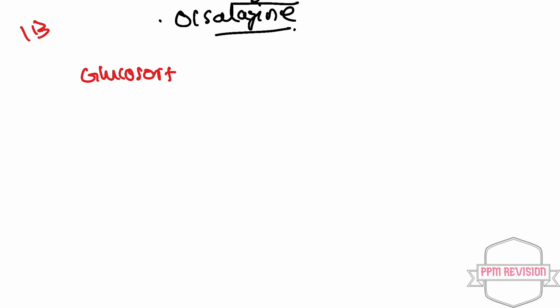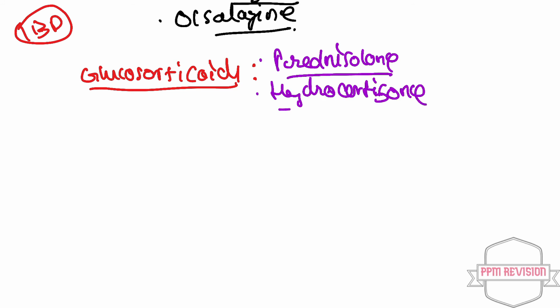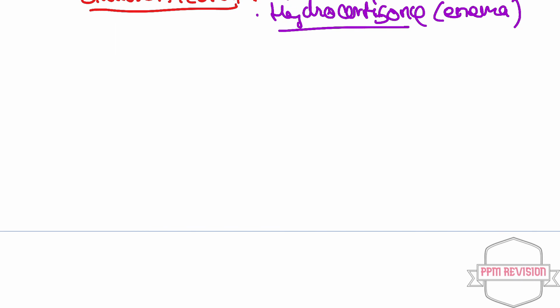Now moving ahead, looking at the glucocorticoids, this all comes under the IBD itself. Under the glucocorticoids there is prednisolone, and then hydrocortisone. Okay, this is by enema. Now next, same under this category of inflammatory bowel disease, there are immunosuppressants.